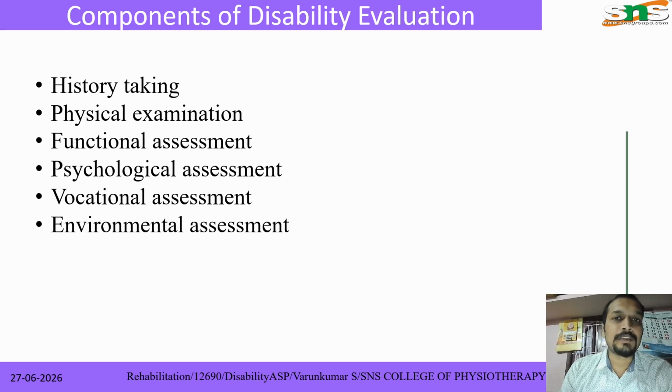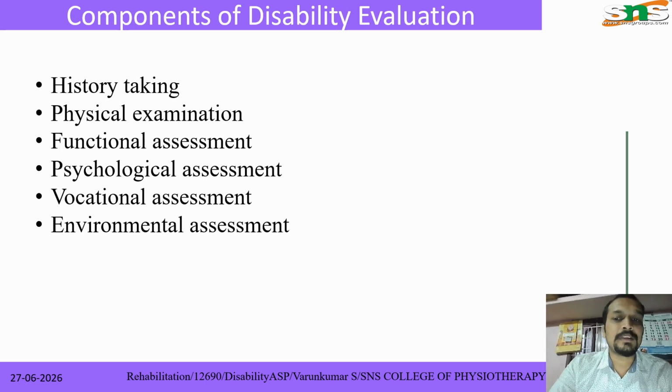So what are the components of disability evaluation? Usually we start with history taking, then physical examination of the patient. In physical examination, there are different forms of examination. Then in functional assessment, we assess whether the person is dependent on others in their functional tasks or independent in their functional activities by themselves.